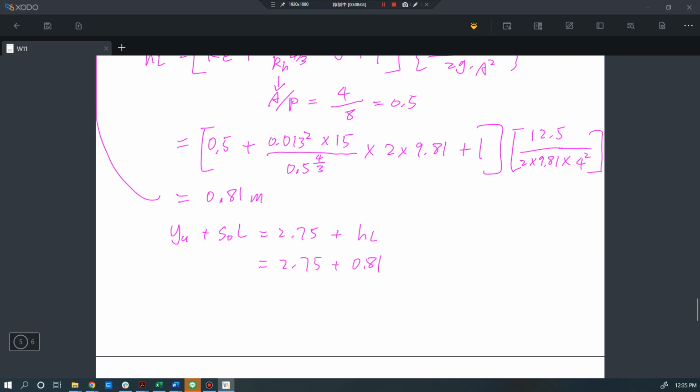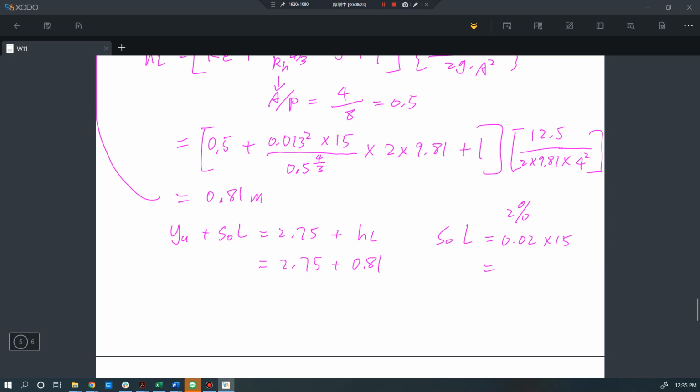This term, SO times L, is equal to 0.02 times 15, because we know that the slope is equal to 2% and the length of the culvert is 15 meters.